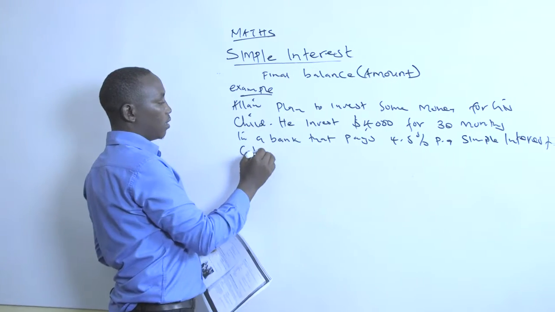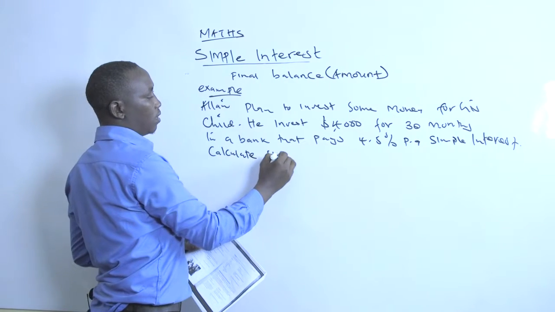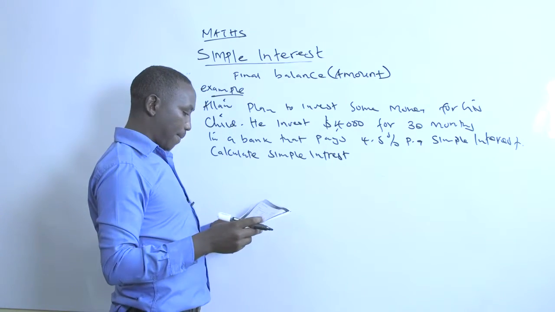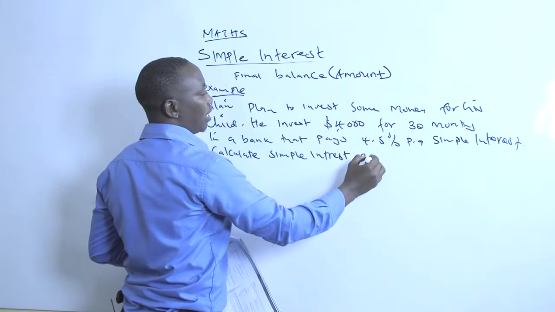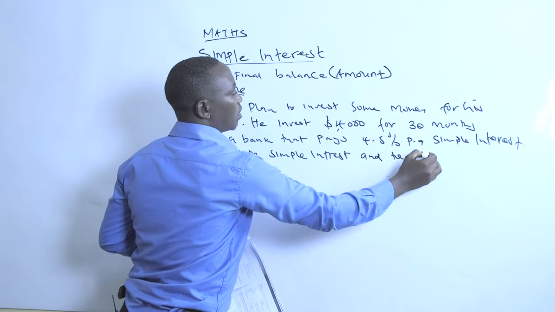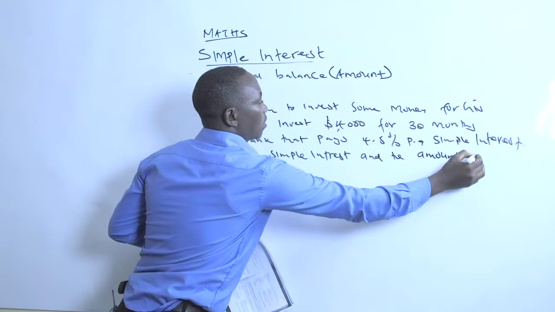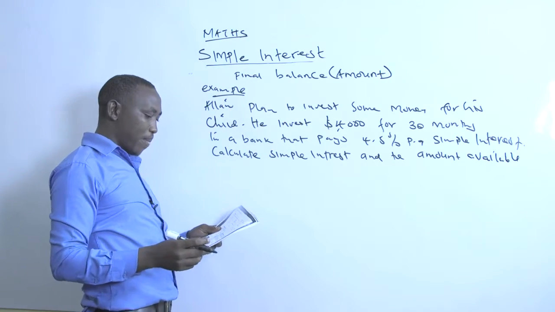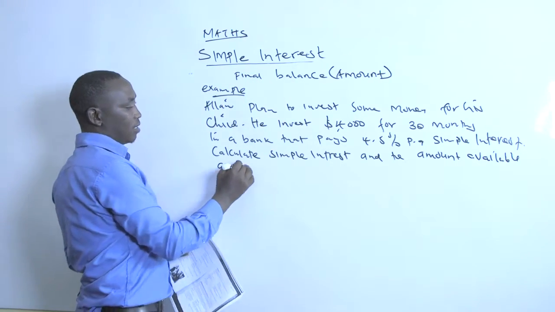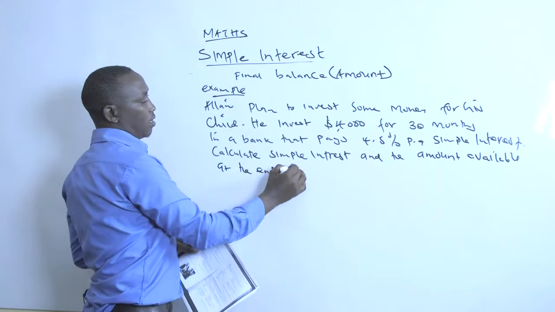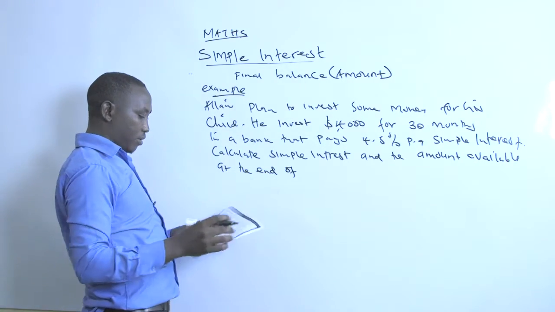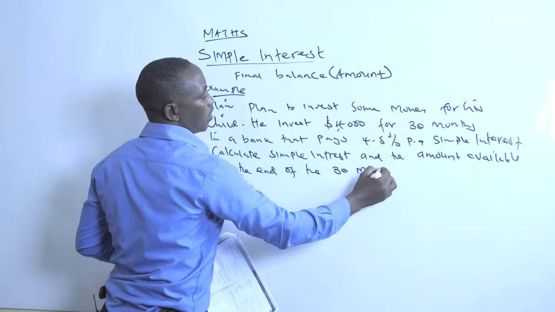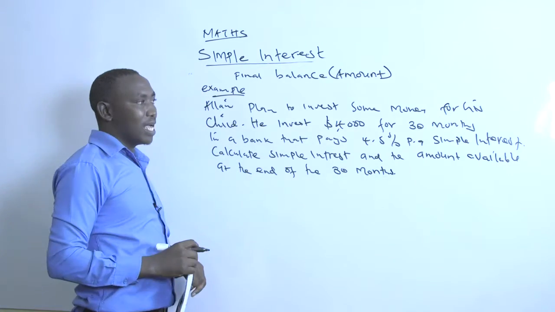Calculate the simple interest and the amount available at the end of the 30 months.